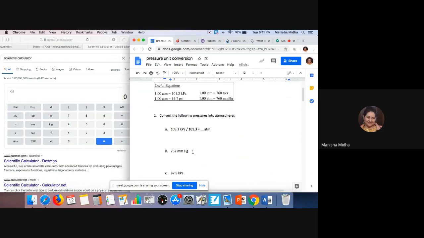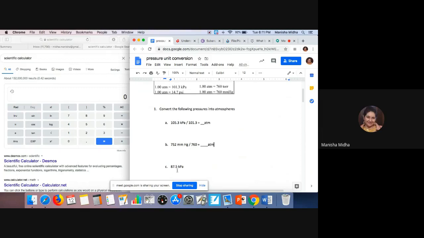Millimeters of mercury, so you will divide this value. What is the conversion here? 760. So you will divide the given question value by the constant that's given. That would give you the answer in ATM.